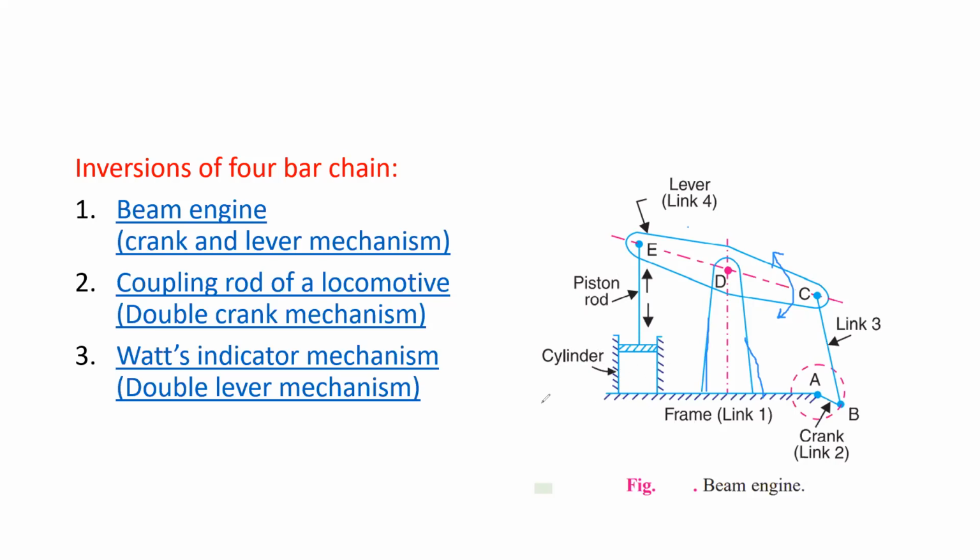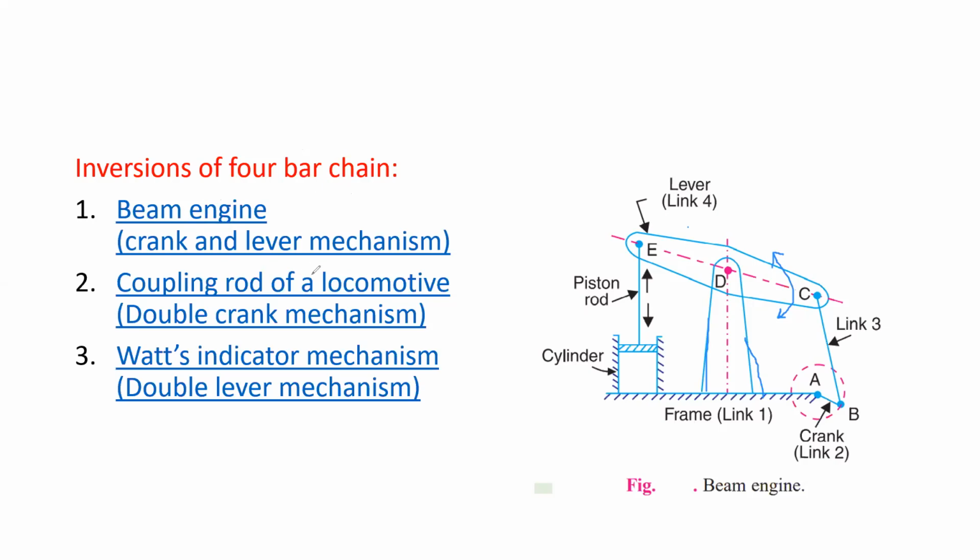This beam engine is used in oil wells where you used to extract the oil, okay. So that is the example of beam engine. I will also show you the animation, okay.